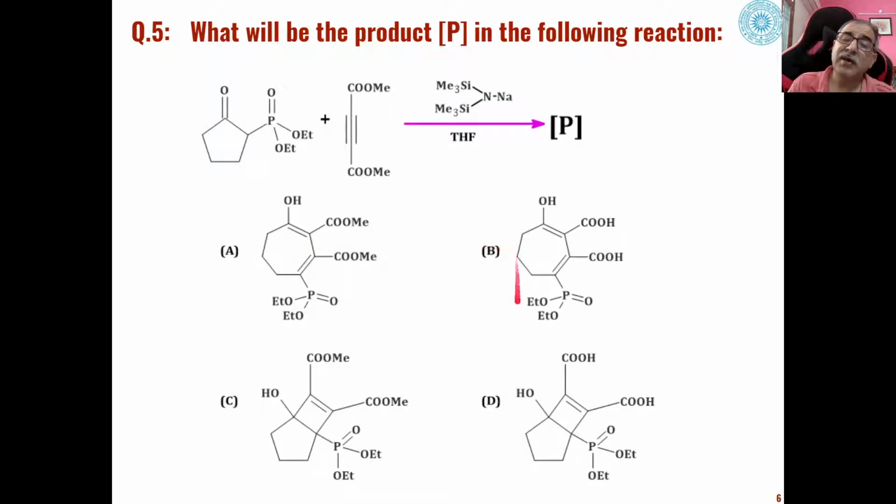So we can have any of these four as the product. Either a cyclobutene ring will be formed at the cyclopentanone derivative, or a ring expansion can take place to give us 7-membered ring alcohols as the product. So depending upon the reaction of these bases with the substrate, we will get the product.